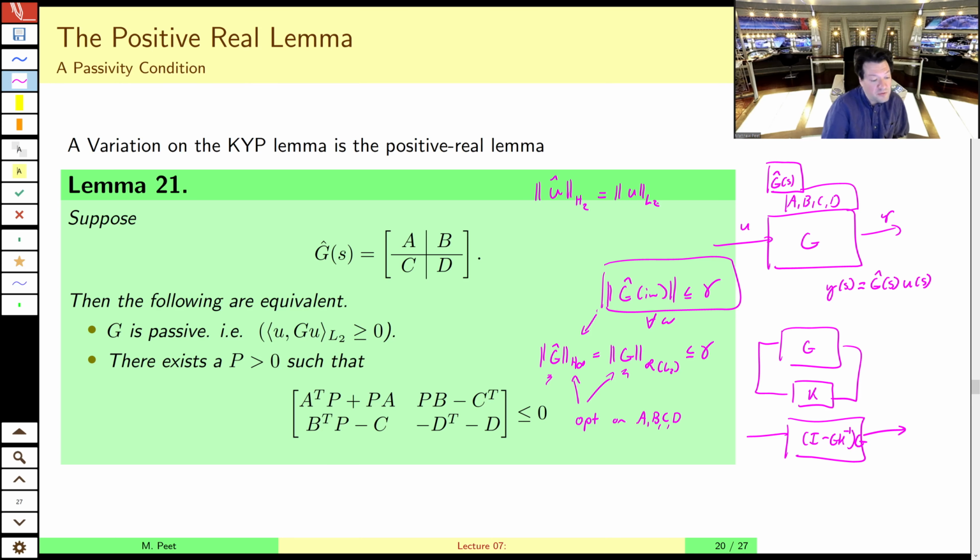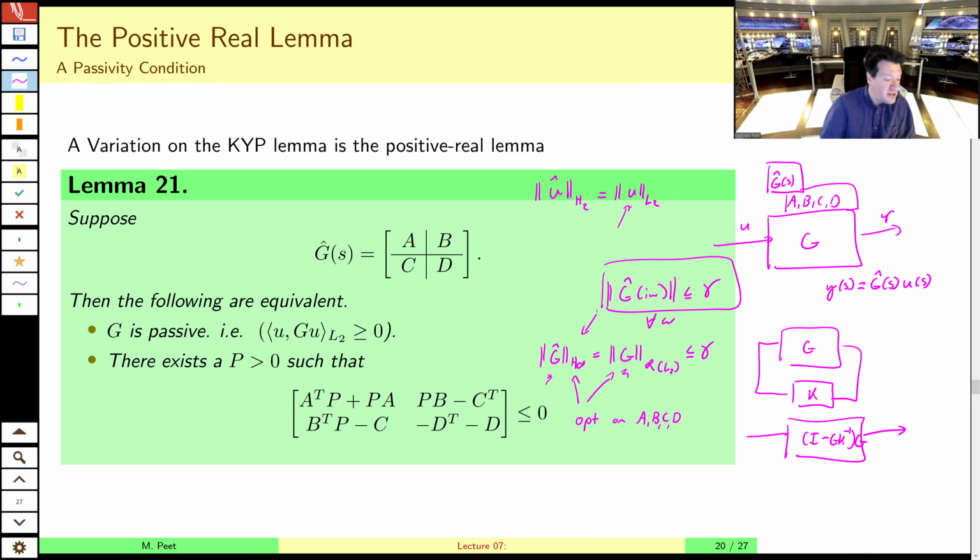Now, for transfer functions, obviously, who cares what the L2 norm of the transfer function is in the time domain, because what does the time domain interpretation of a transfer function even mean, right? So there's some limited utility, but we will show that there is some physical interpretation that we can add to this. So specifically, we talk about the positive real lemma first, right?